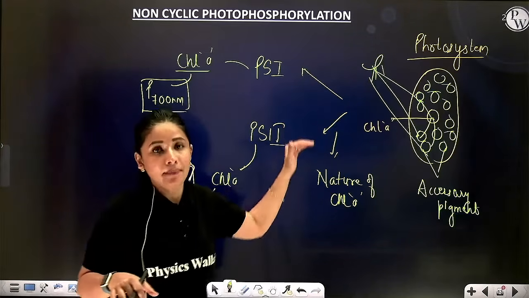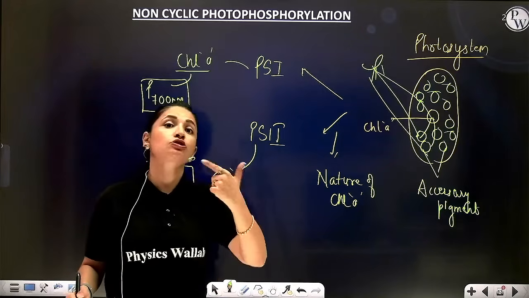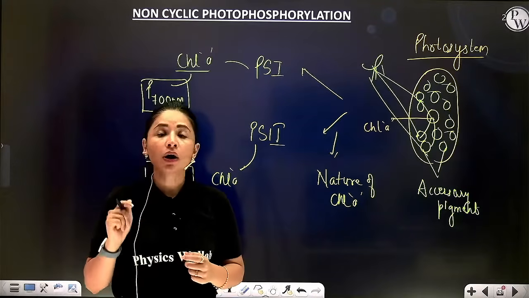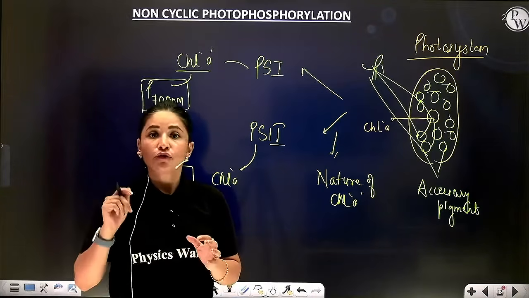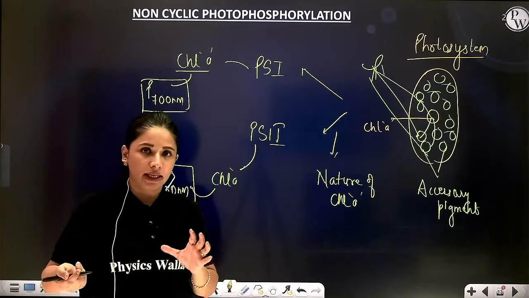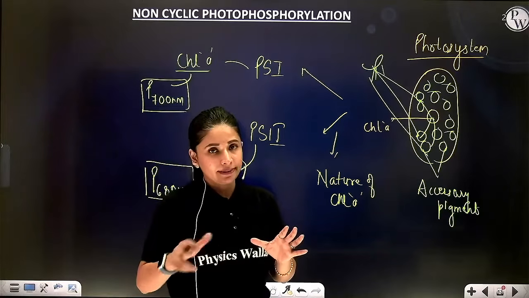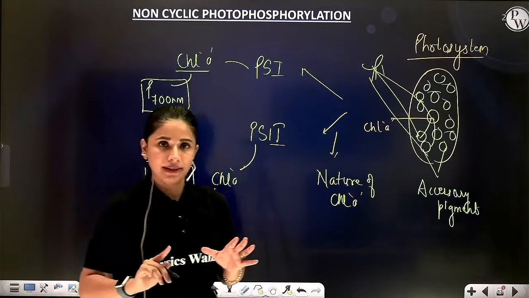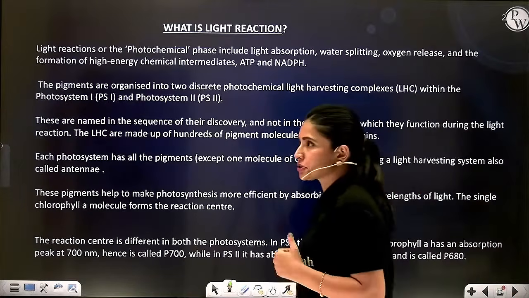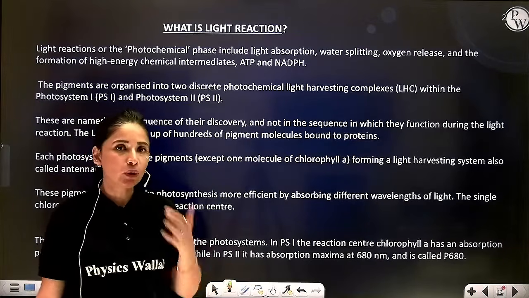Now the naming, PS1 is called PS1 and PS2 is called PS2. This numbering is done on the basis of their discovery, not on the basis of their function. Functionally, PS2 is active first, followed by PS1. But since PS1 was discovered first, therefore it is numbered as 1. So you have to remember this thing. It will be asked in your NEET examination. NCERT very clearly mentions it, and yes, so you have to remember.